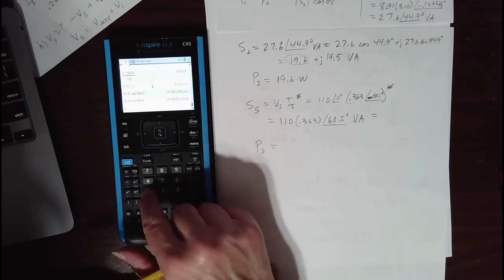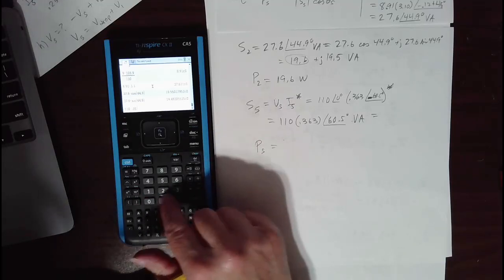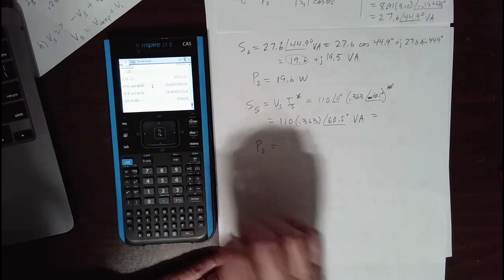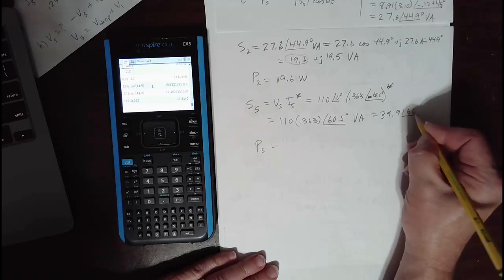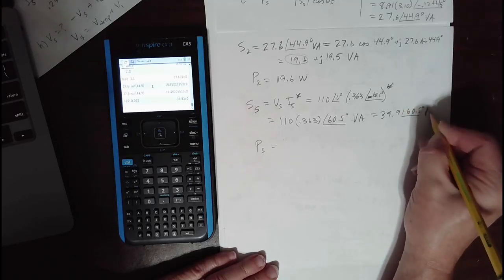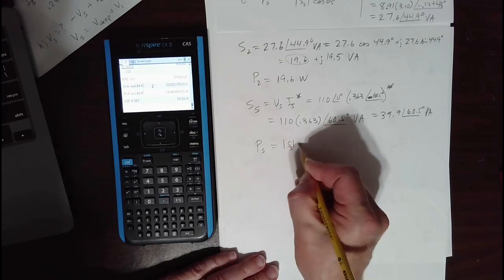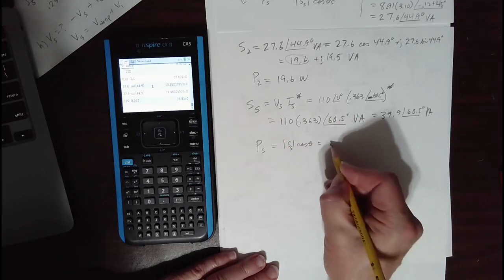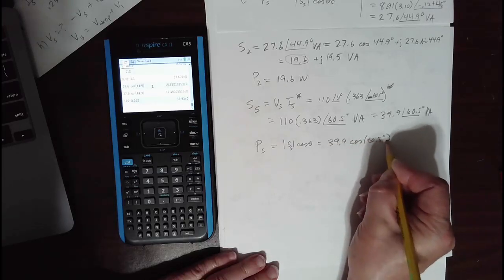110 times 0.363, 39.9 angle of 60.5 degrees. VA. So PS is going to be magnitude of S cosine theta. So 39.9 cosine of 60.5.